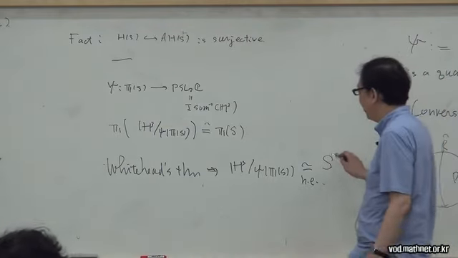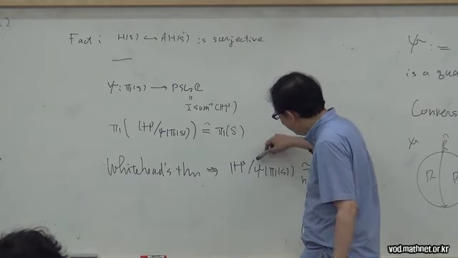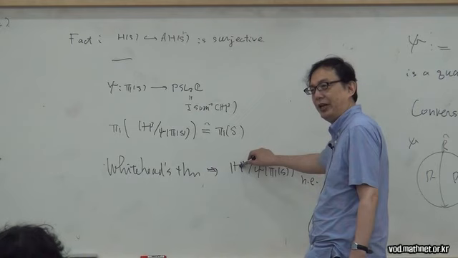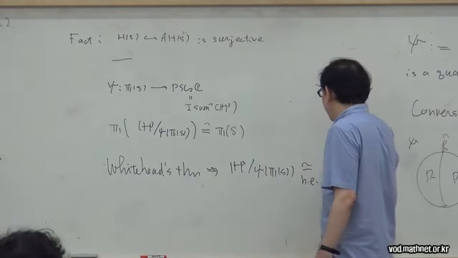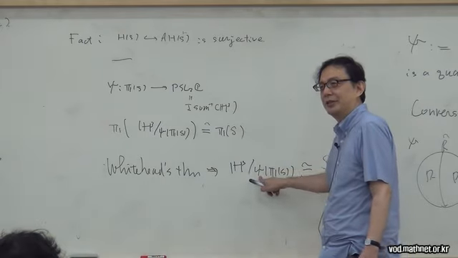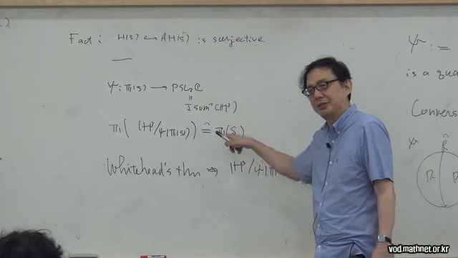Okay. Well, actually, we know that there is, because you have an action of pi 1 of S there. So you have an inclusion of S into that, which induces this isomorphism.